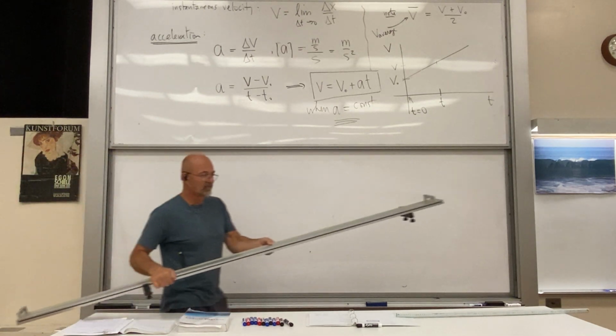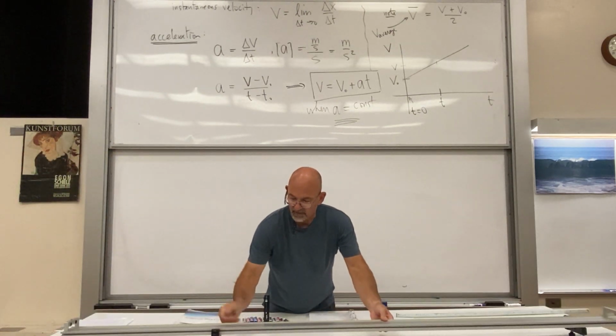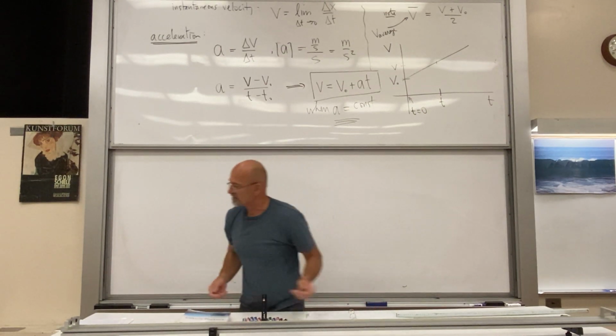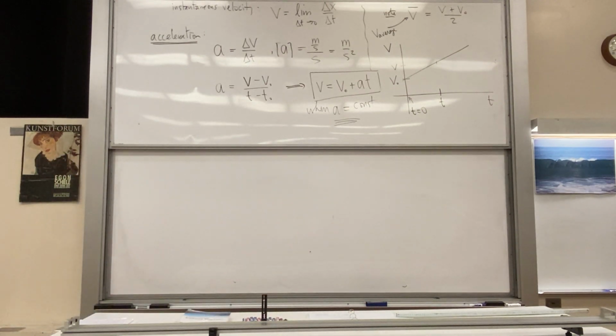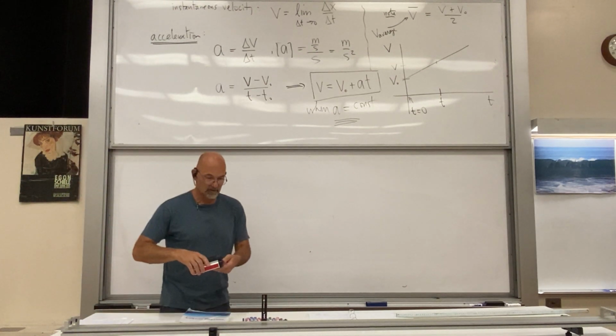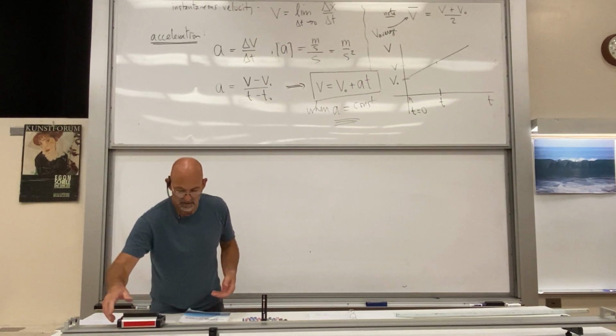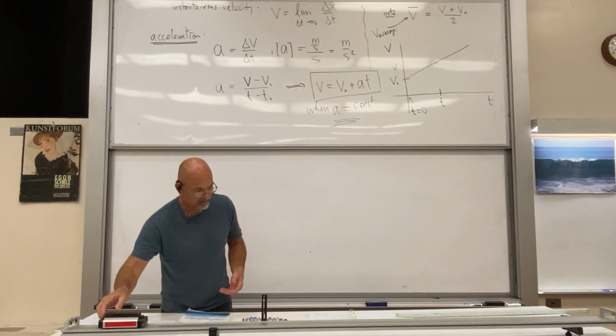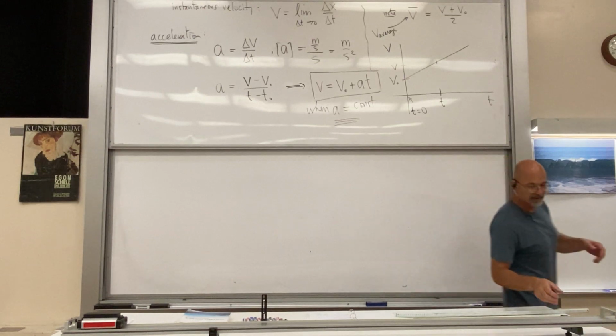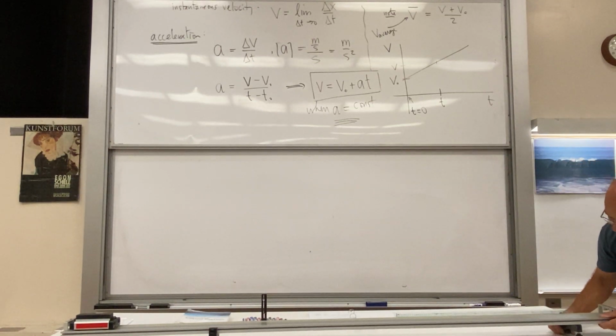Okay, this is a track, and I can run cars on here with relatively little friction. Okay, here we go. Got to make sure the thing is level, and then we'll do a couple of little demos.